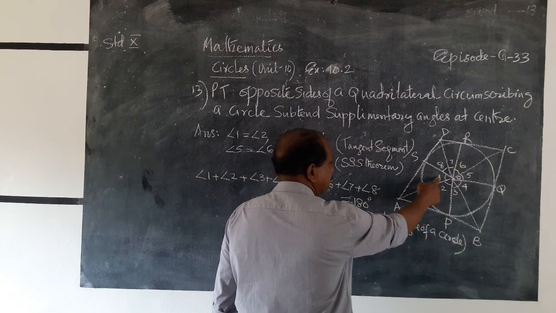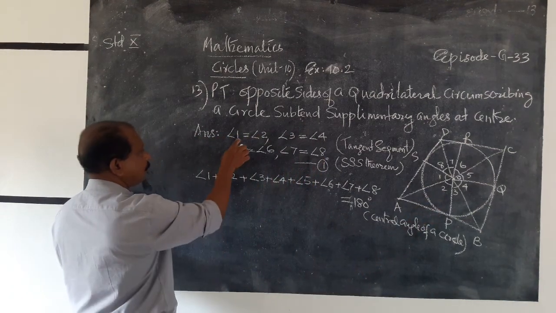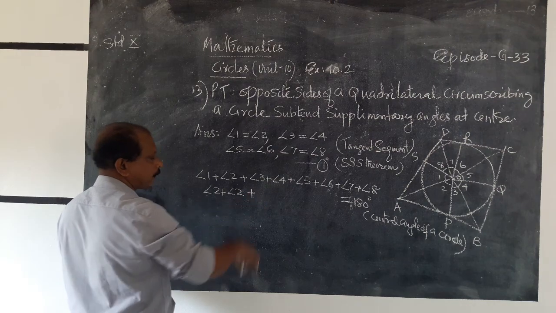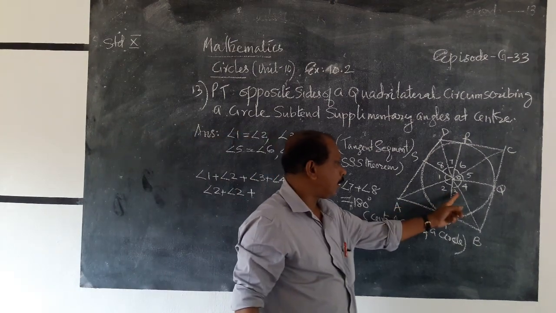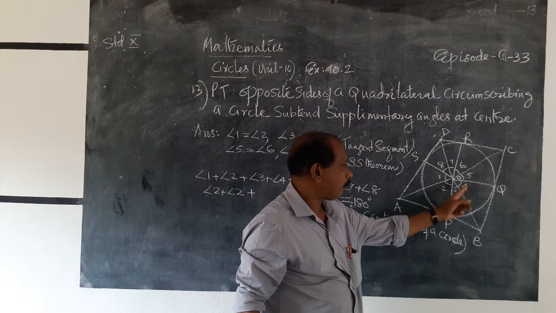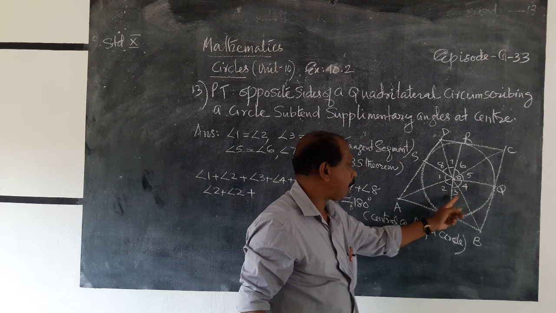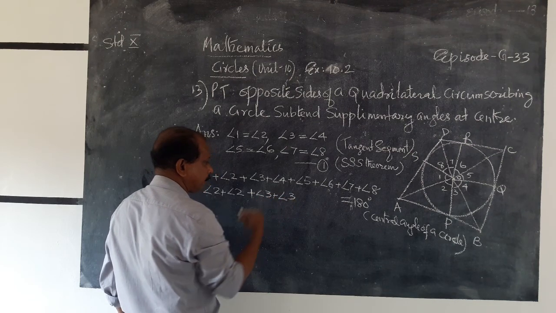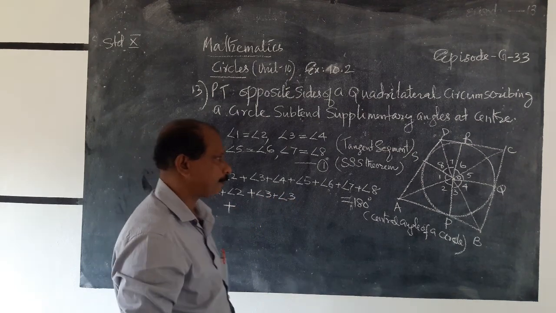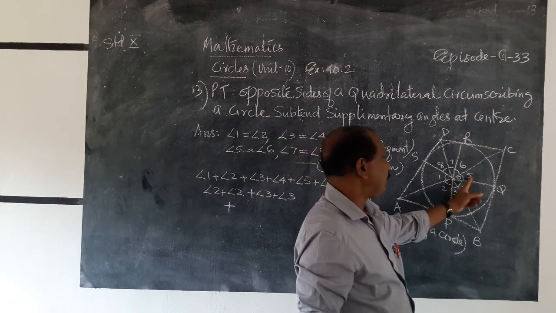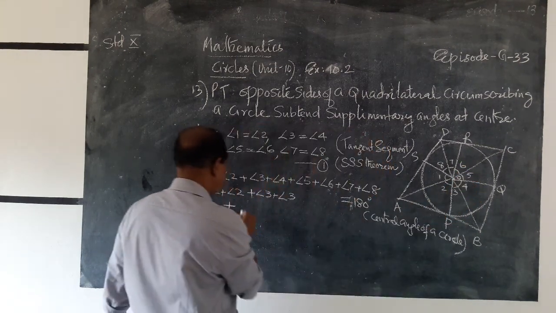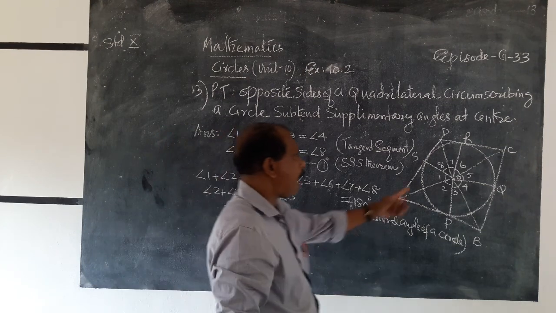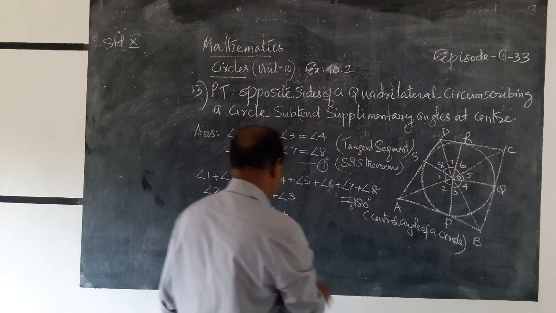Therefore, angle 1 is replaced by angle 2, that is angle 2 plus angle 2, plus angle 3, since angle 4 is replaced by angle 3, plus angle 6, since angle 5 is replaced by angle 6, plus angle 7, since angle 8 is replaced by angle 7.